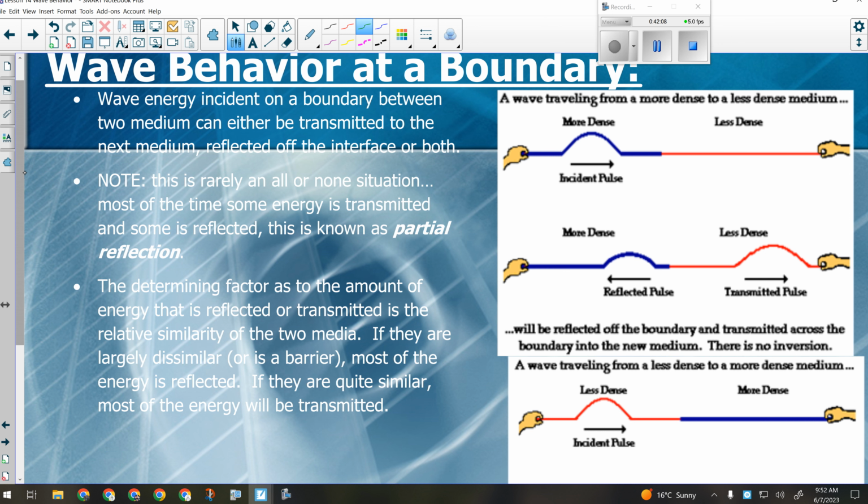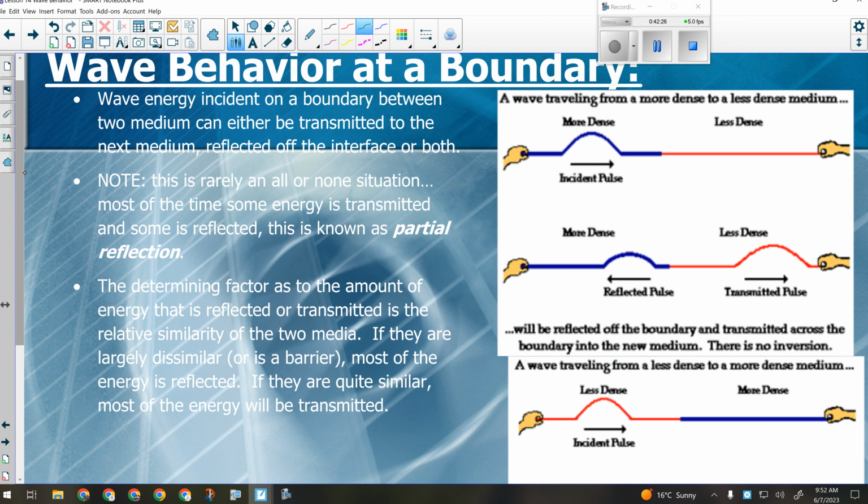So if I have these two slinkies attached to each other, I'll get Xavier, because now he's got job experience. And I'll get you to go almost to the other wall, just because we have so much more of it this time.